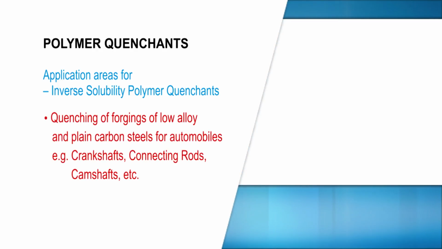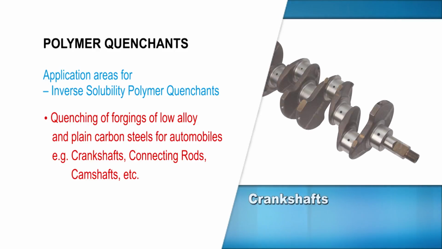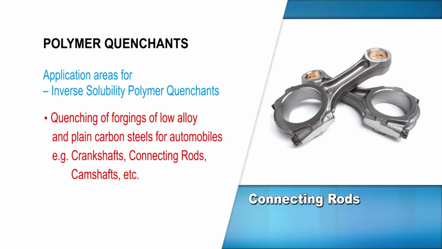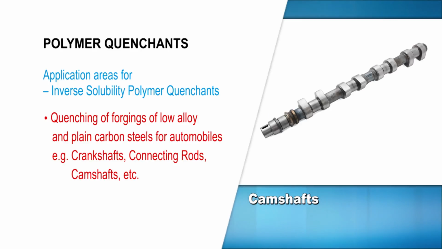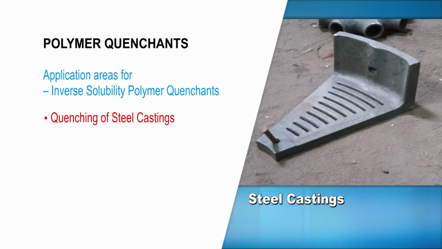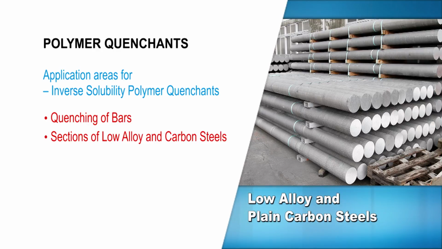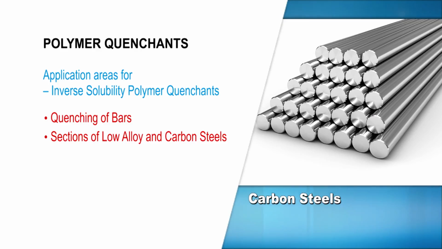Quenching of forgings of low alloy and plain carbon steels for automobiles, for example, crankshafts, connecting rods, camshafts, etc. Quenching of steel castings. Quenching of bars, sections of low alloy and carbon steels.